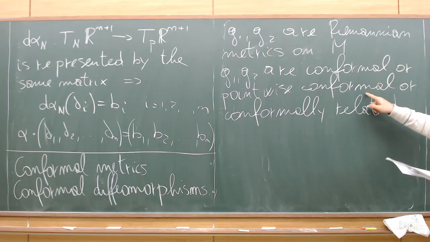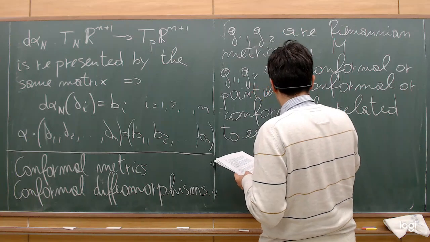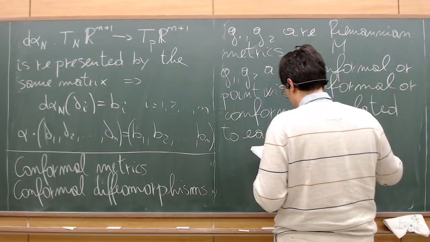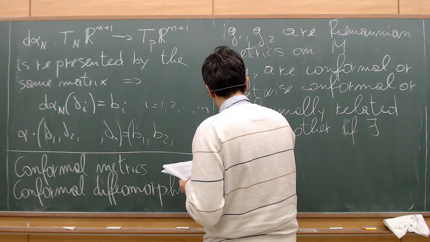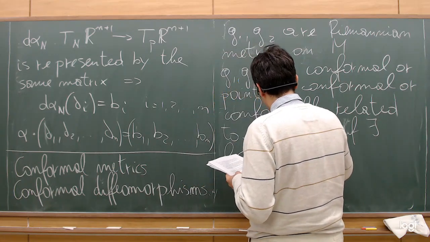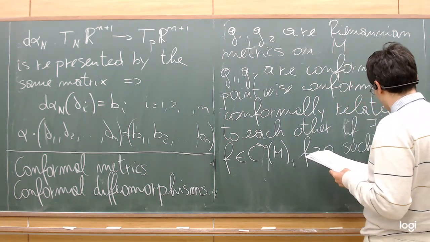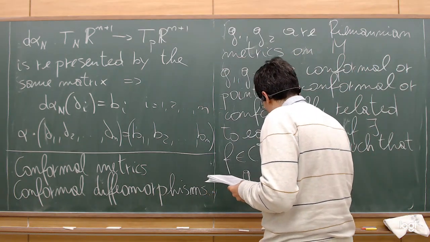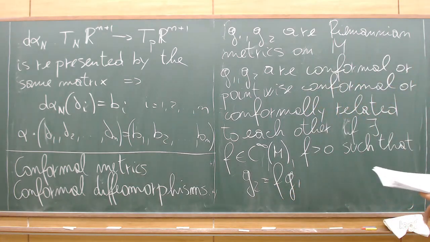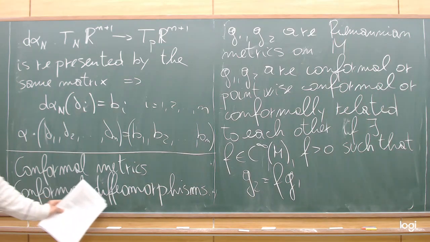if there exists f in C^∞(M) positive such that G_2 is given by f times G_1. Now, what is a conformal diffeomorphism?